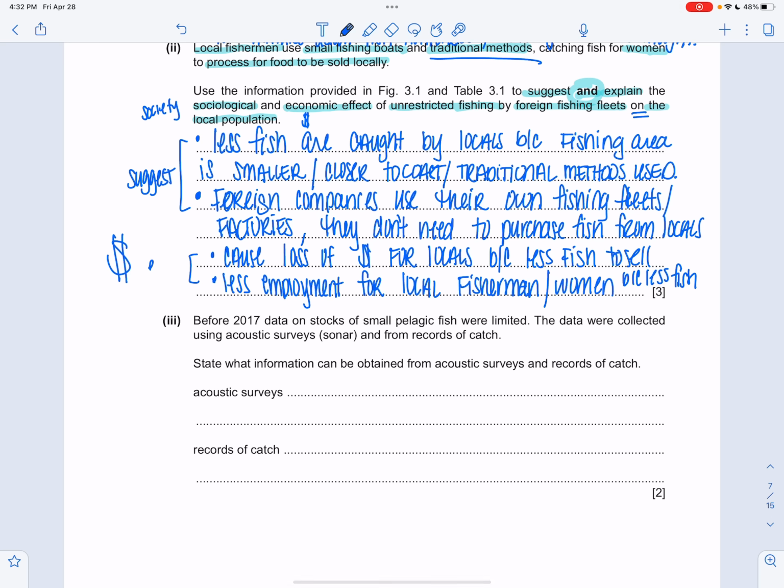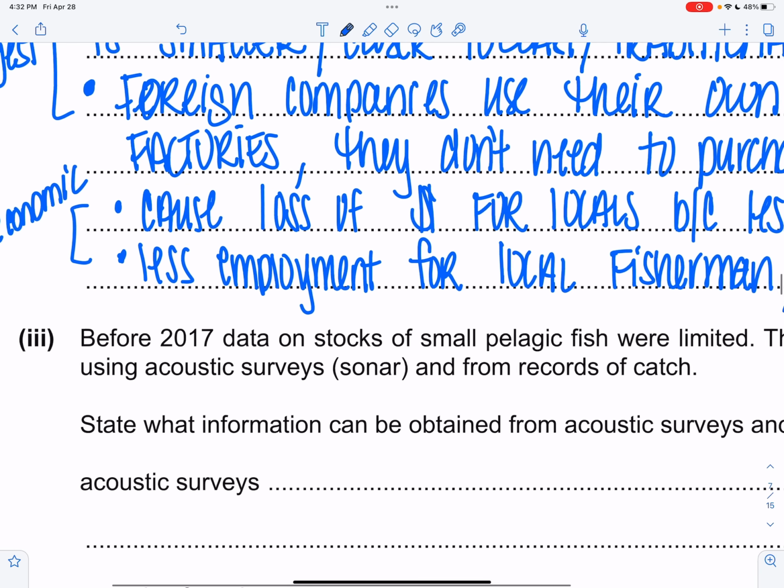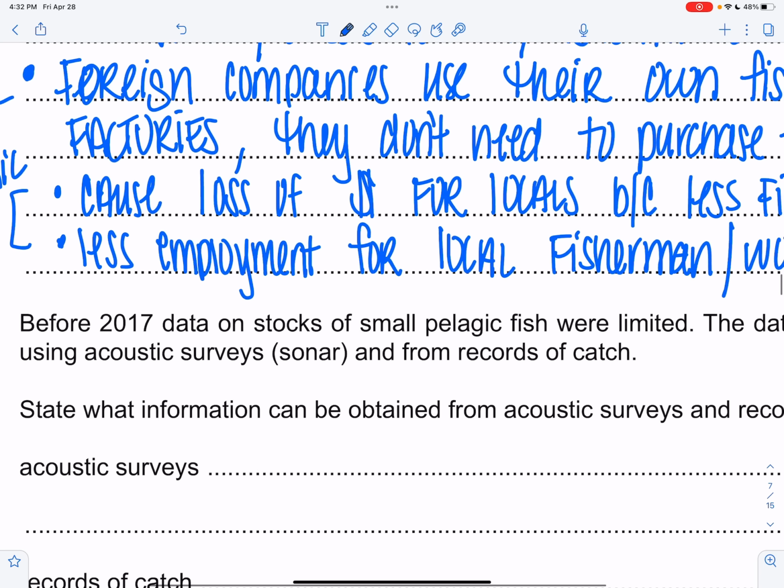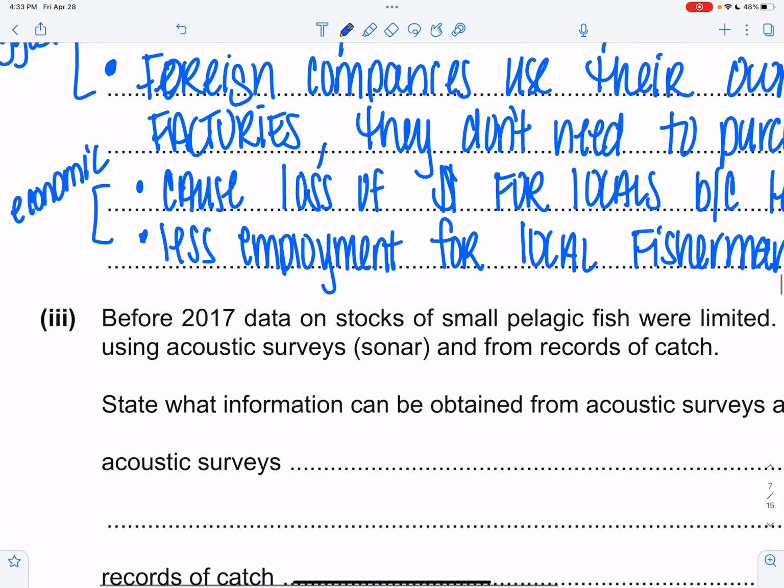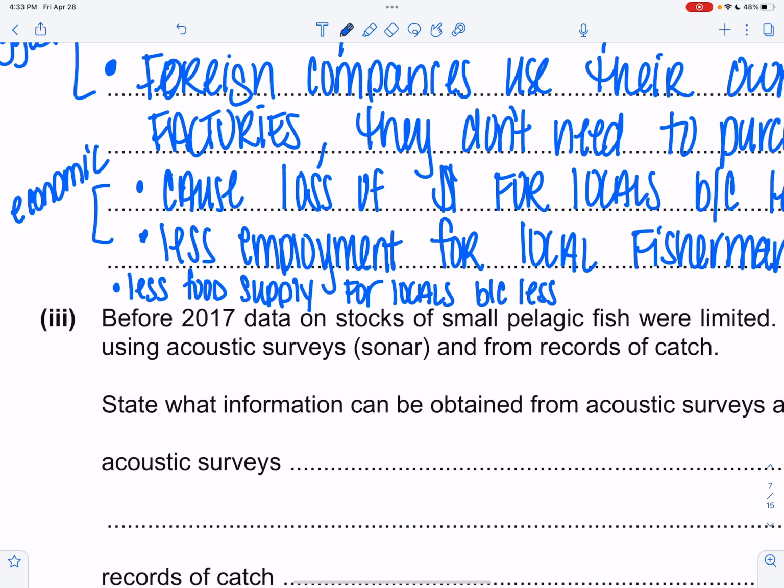These two are going to be your economic. And I'm going to zoom in because I'm going to have to write small. So it's going to be a less food supply for locals. Again, there's less fish being caught. And the main source of protein could go down. This could cause malnutrition. Less of a food supply for locals because less fish being caught.